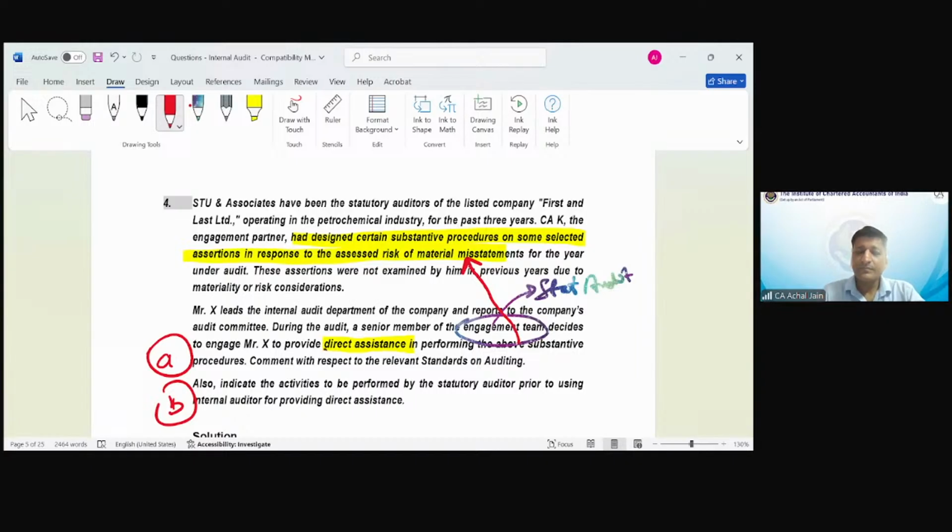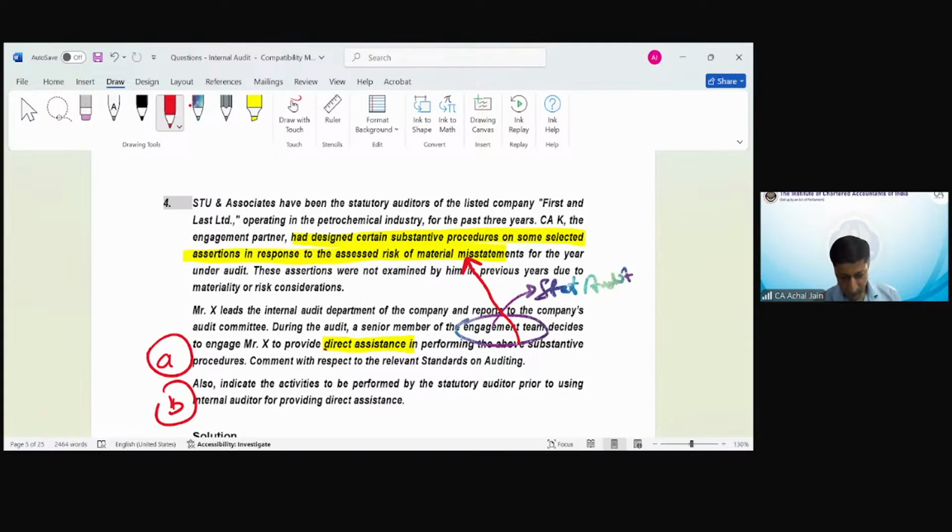The statutory auditor, before engaging, needs to check whether there is any threat to objectivity and whether there is any prohibition of law and regulation before engaging the internal auditor as a direct assistant. Then he will check the use of the direct assistance.